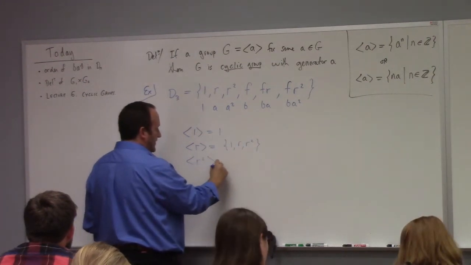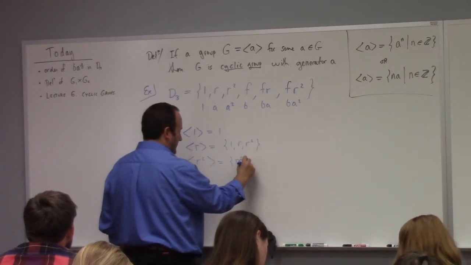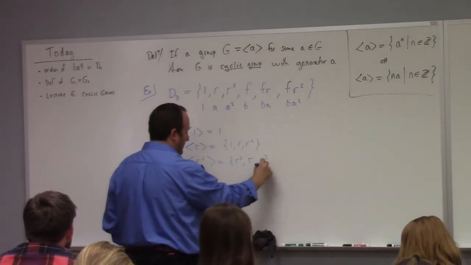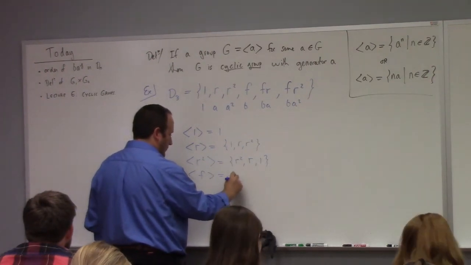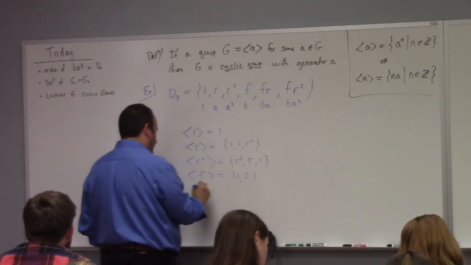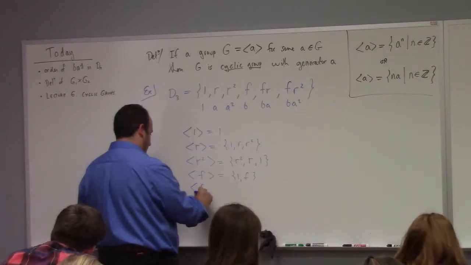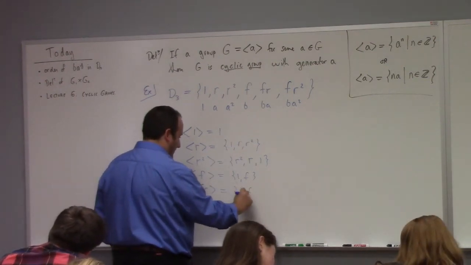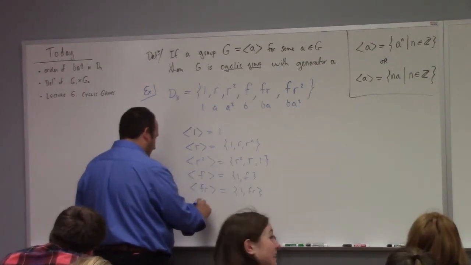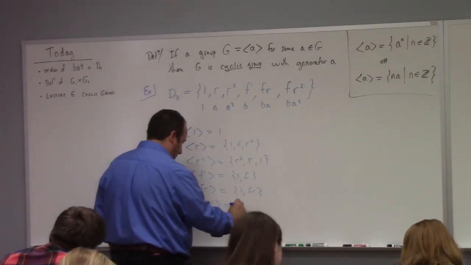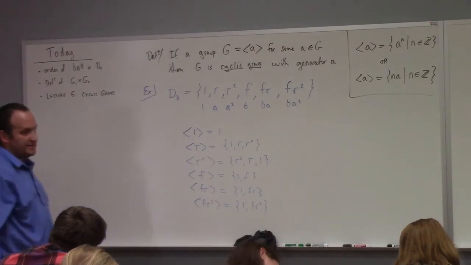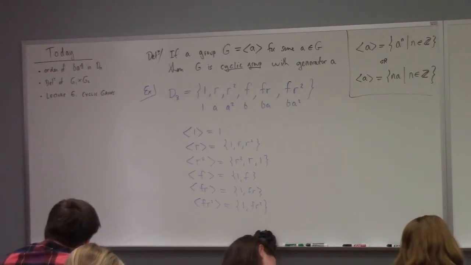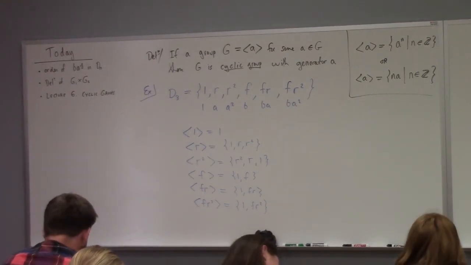Generated by r squared, we get 1, r squared, r. Generated by f, we get 1 and f. Generated by fr, we get 1 and fr. Generated by fr squared, we get 1 and fr squared. So here are all possible cyclic subgroups generated by all 6 elements of D3. Are any of them all of D3?